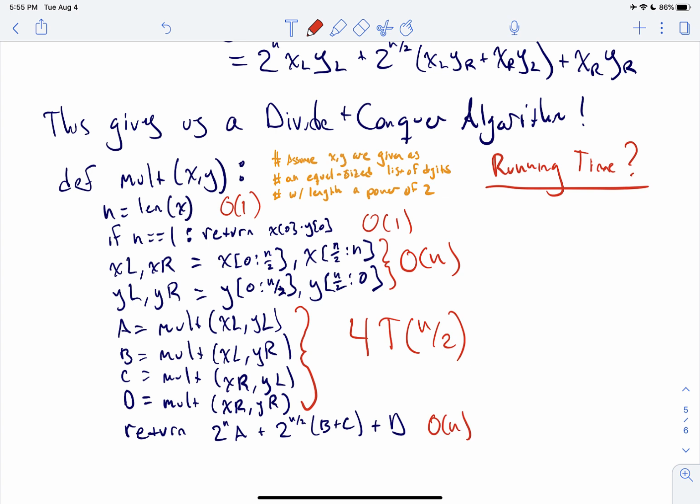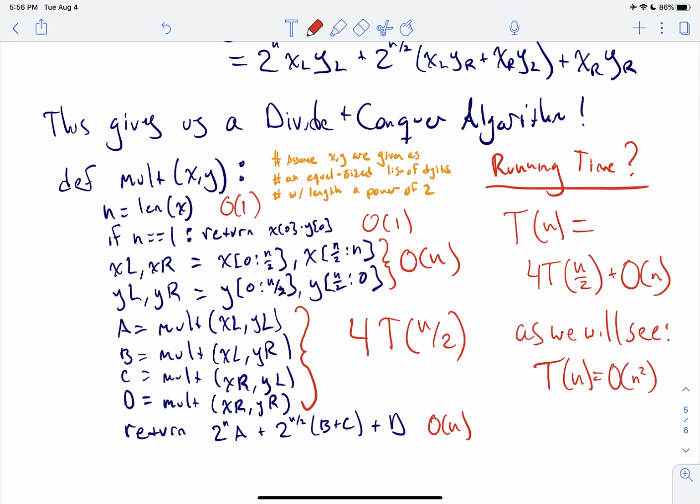Finally, we have an O of n operation, since we have to add 4 n-bit numbers together. The total running time is then T of n equals 4 times T of n over 2 plus O of n. As we're going to see, this means that T of n is actually on the order of n squared. We'll show you why that's true soon.